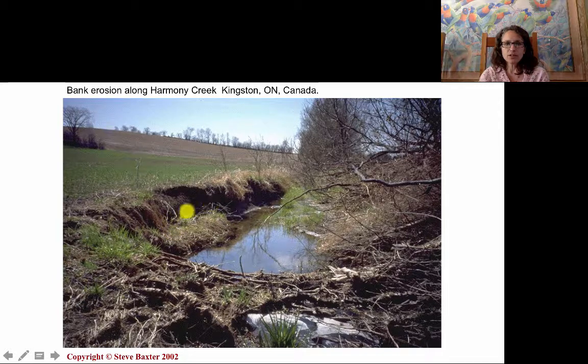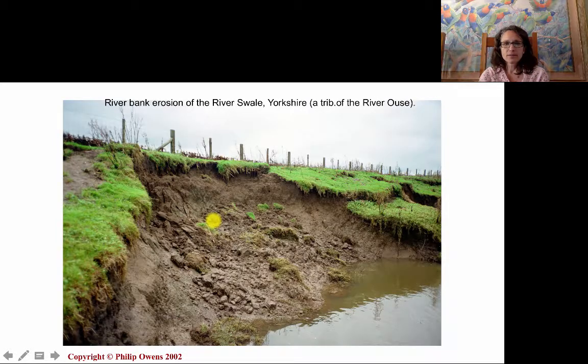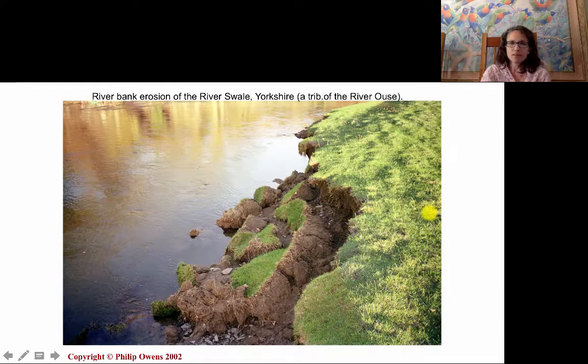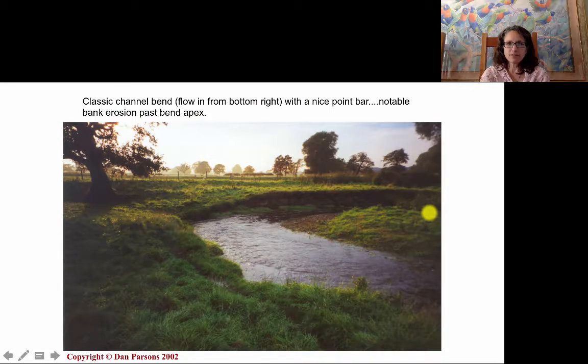Another big chunk. So here's another mass failure. And more. And so again, sometimes the vegetation contributes to this because it holds it all together as a mat and it all fails together. So more examples of mass failure all along this outer bank of this meander here.